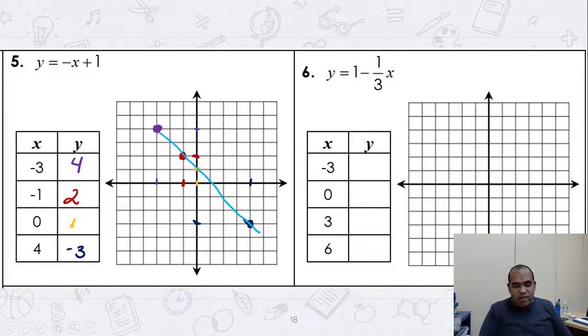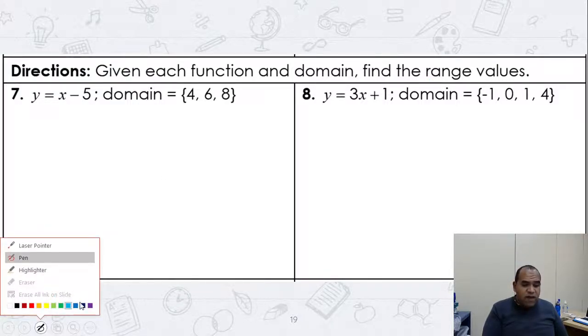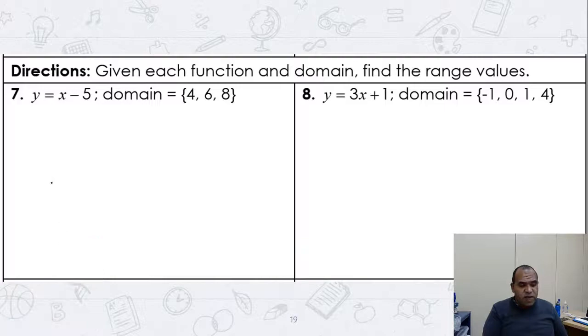Great, easy. And this one, guys: given each function's domain, find the range values. You don't need to graph, just find the range values. I have here x, and I have here the function. The function is x minus 5. Let's solve it. The domain, as you know, is the x values. I have 4, 6, and 8.